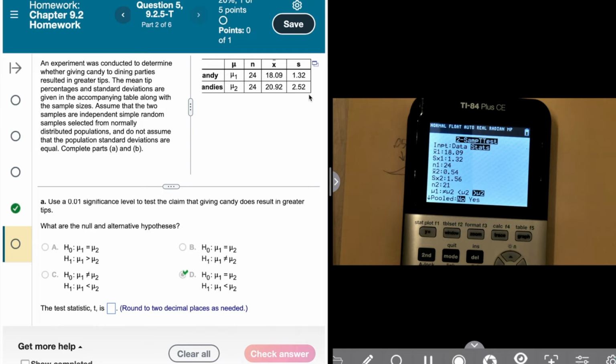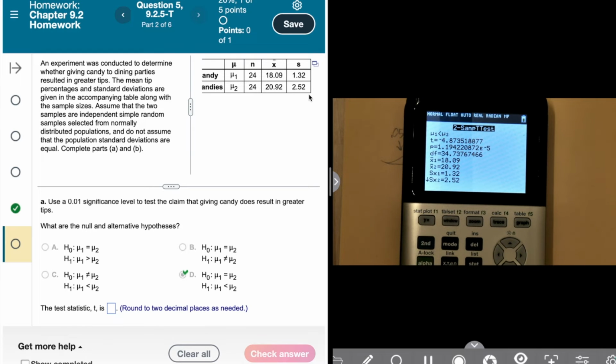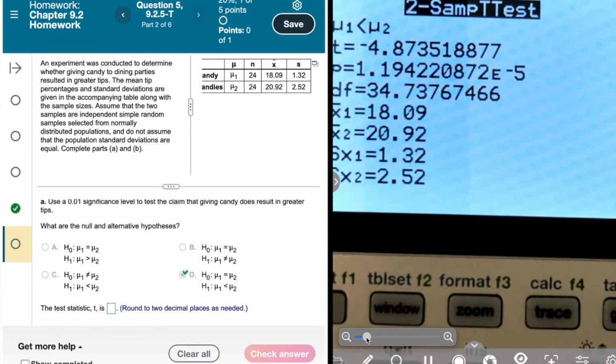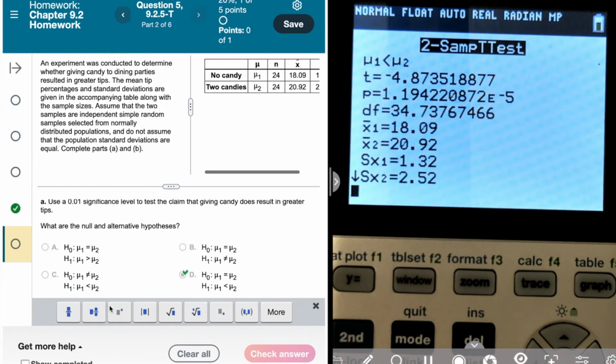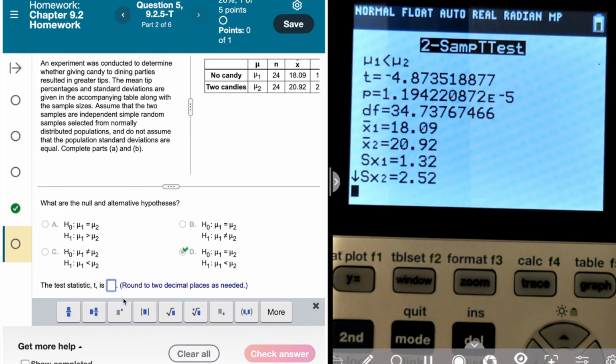The other average is 20.92, 2.52, and the sample size is once again 24. This time, again, it's one-sided, so if we see a confidence interval, we're going to watch out for that. There we go. So we get a t-value to 2 decimal places of negative 4.87.